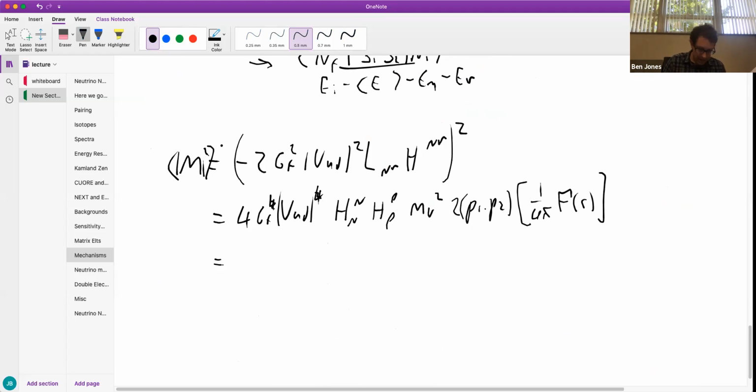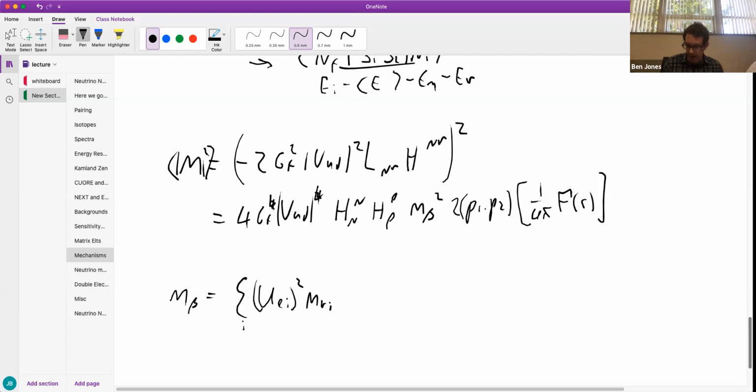And so what we actually end up with is this expression, but instead of m nu squared here, we have a thing called m beta squared. And m beta is defined as the sum over the mixing, the PMNS matrix elements, U_ei squared m nu i.